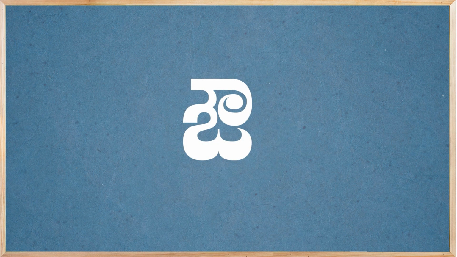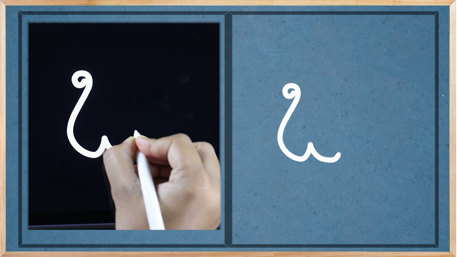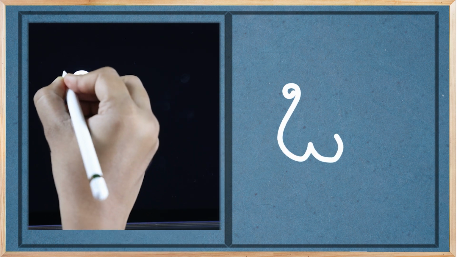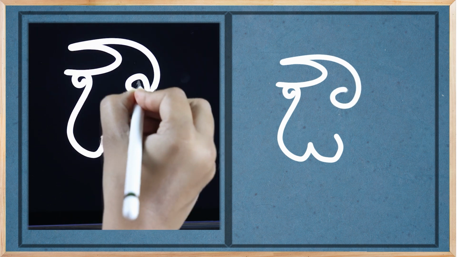Au. Write the letter O and then add the mark attached to the letter on the left top as shown by the arrows.